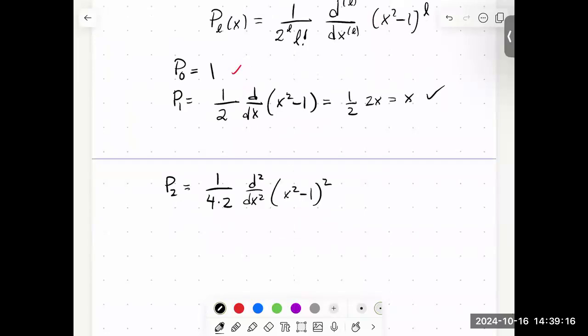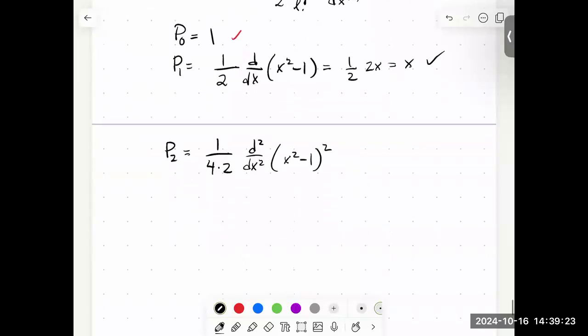Okay, so we could do this 2 ways. We could either expand this out, or we could do some chain rule. So it's going to be 1 over 8 d by dx of, let's do chain rule, 2x squared minus 1, and then we have to multiply by the inside derivative, which is 2x.